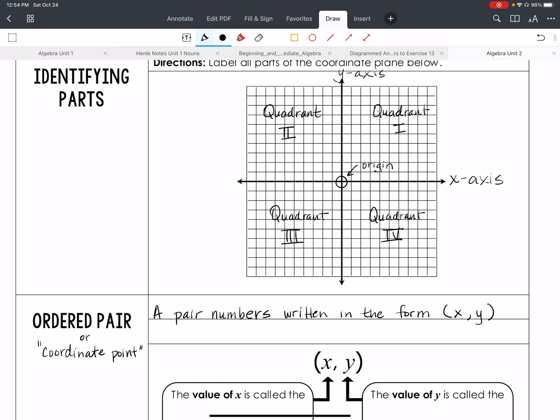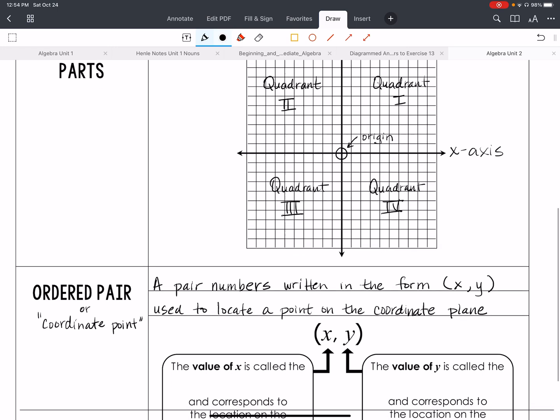These 2 numbers don't represent the same variable, but they're somehow linked together, and so we show that with the parentheses. Okay, we're going to use these 2 numbers to locate a point on the coordinate plane, which we'll do on the back side of the notes.